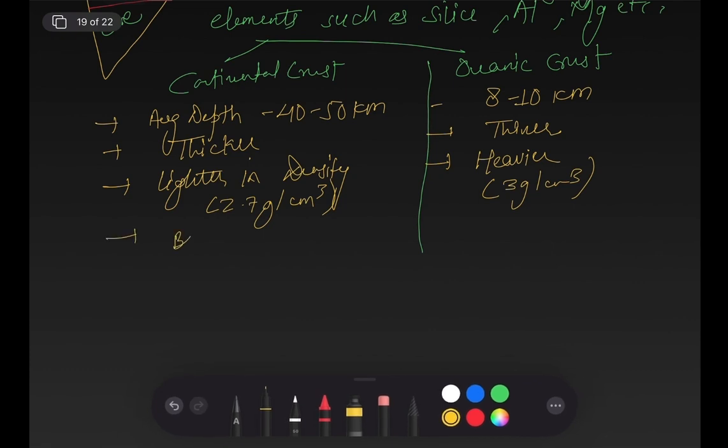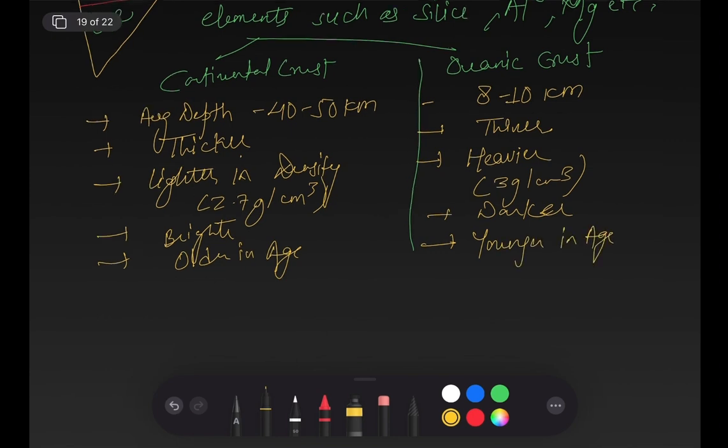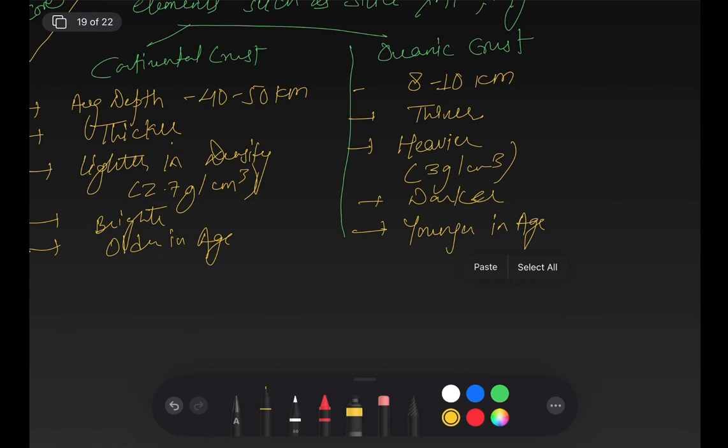Continental crust is brighter, oceanic crust is darker. Continental crust is older in age, as old as 4,600 million years, while oceanic crust is younger in age, and nowhere can you find oceanic crust older than 200 million years.